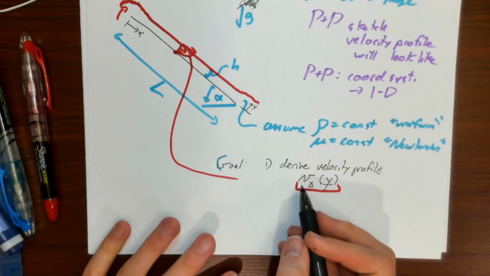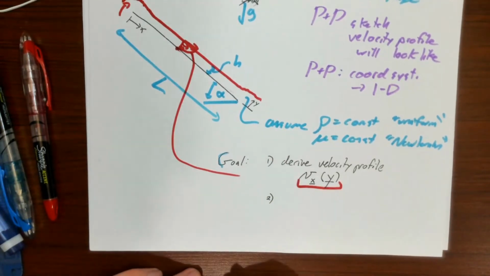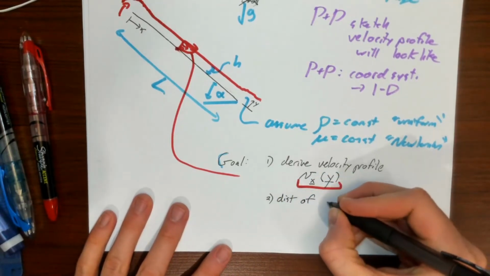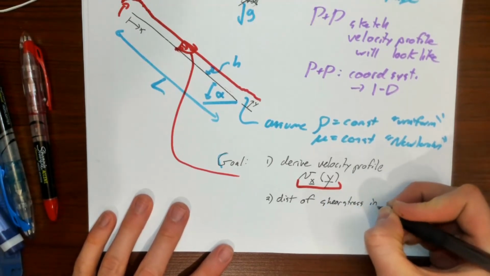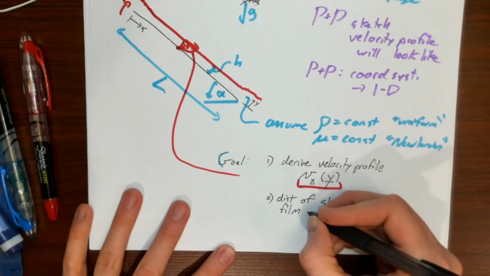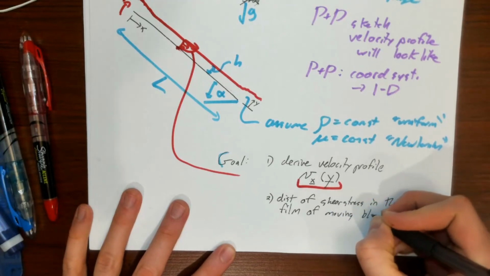Once we have this v_x as a function of y, what are some interesting things that we can do with it? We can actually get the distribution of shear stress in the film of moving blood.